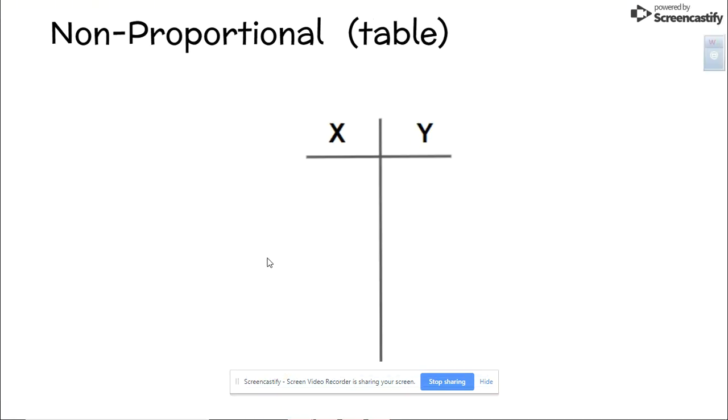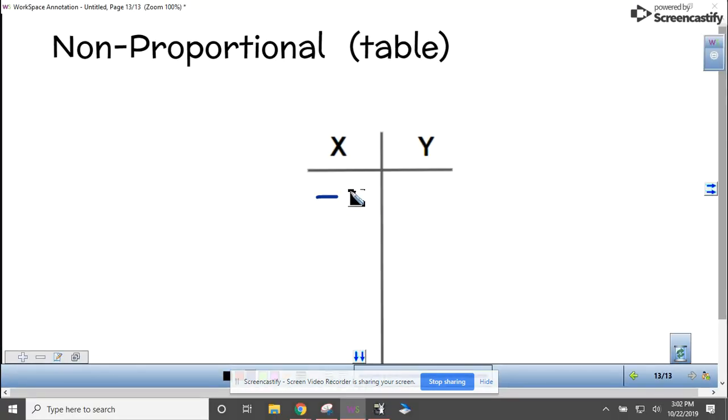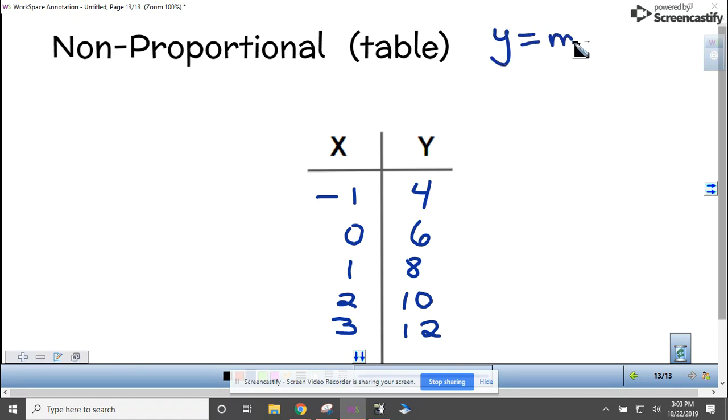Okay, let's make another XY table. Okay, so we've got our coordinates here. Remember, it's going to be in the form y equals mx plus b. I've already identified this is not proportional because it goes through 0, 6.